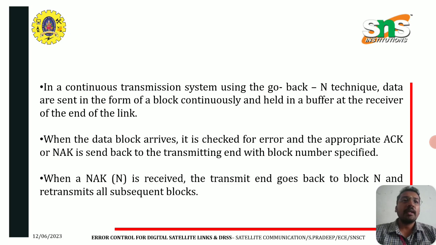When the data block arrives, it is checked for error and the appropriate ACK or NAK is sent back to the transmitting end with the block number specified. When a NAK is received, the transmit end goes back to block N and retransmits all subsequent sequences.